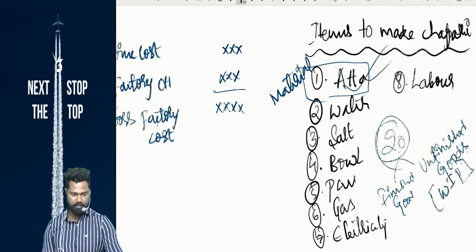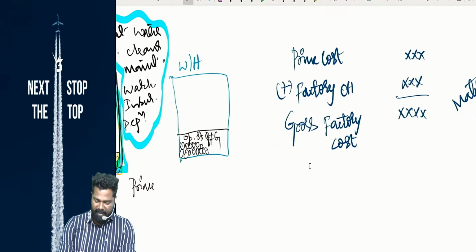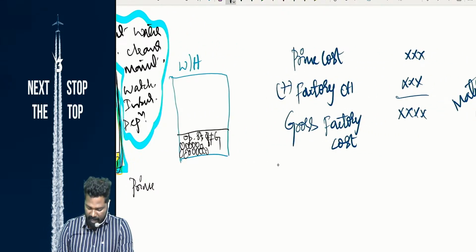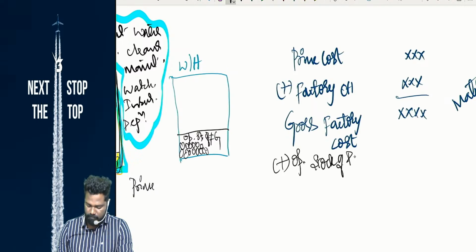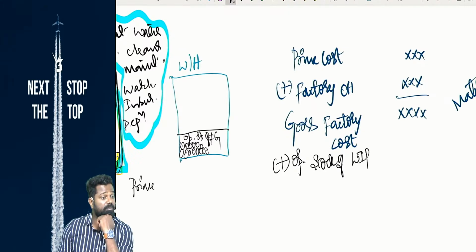Okay, let's go. Coming back here, what will we be adding again, children? Tell me. Add what? Opening stock of WIP. Now are you all clear about what WIP is?